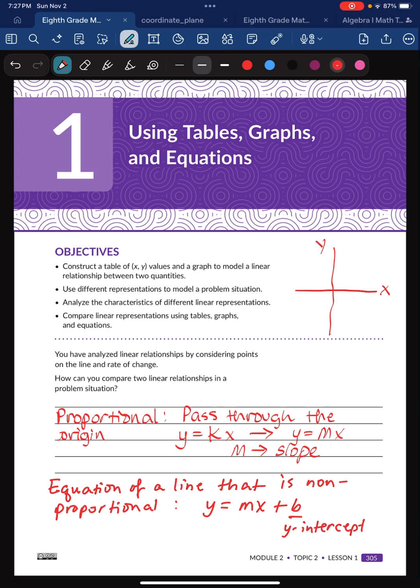We can also refer to that as our starting point. And m is the slope, also known as the rate of change, or how our line changes over time. So our x-axis is going to be what we call the independent variable. Our y-axis is the dependent variable.